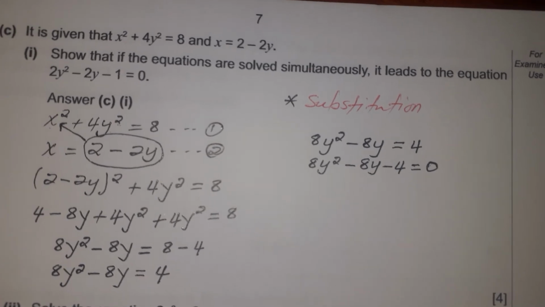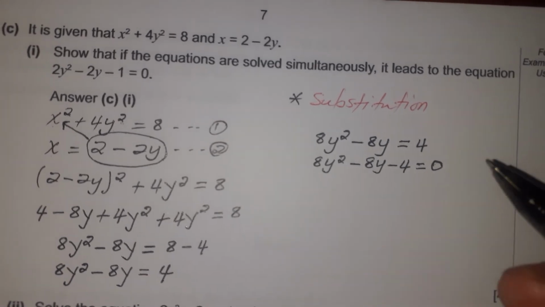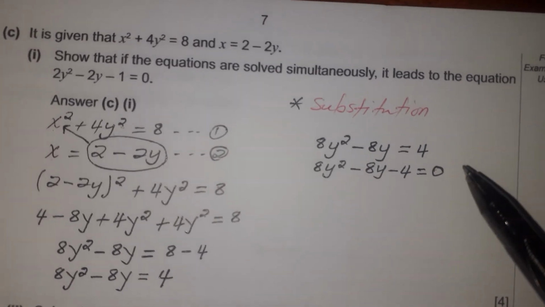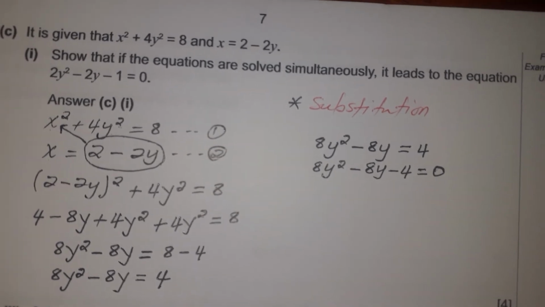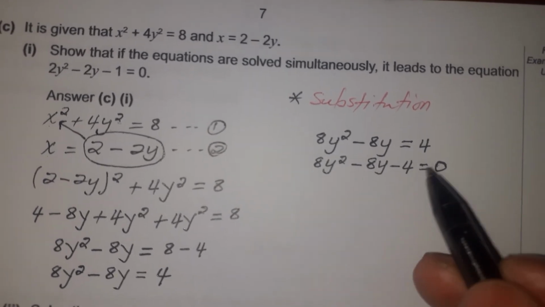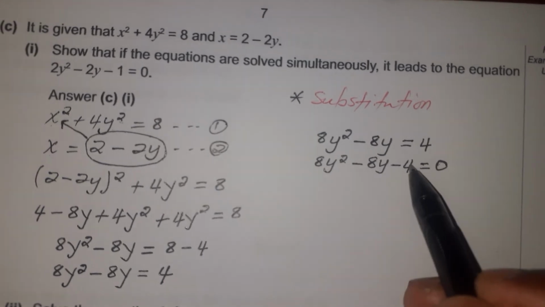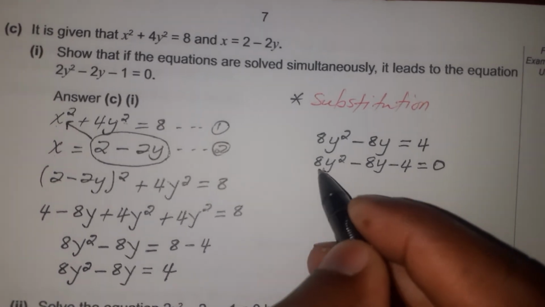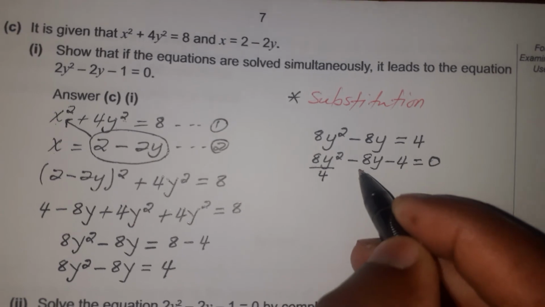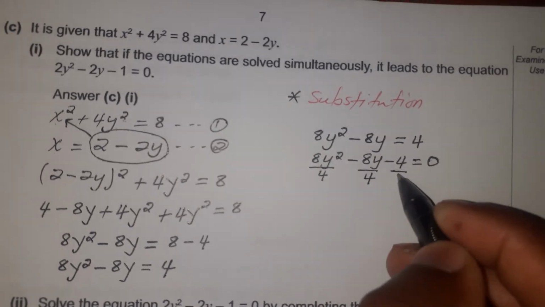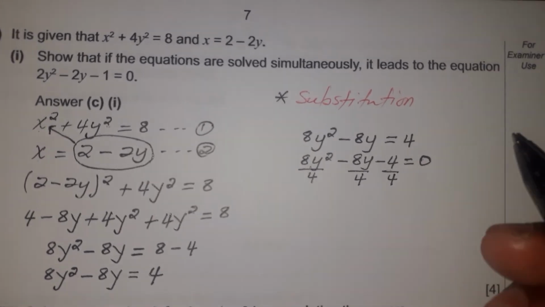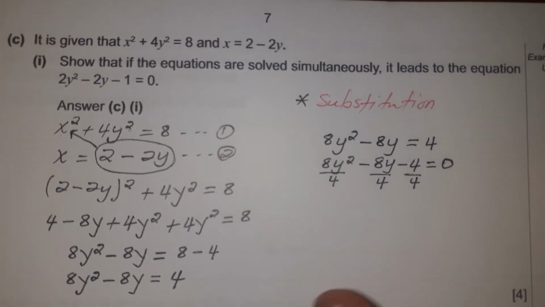Now what we need to do here, we look for the lowest number. In this case we have 8, 8 and 4. The lowest is 4. Let's divide throughout by 4. You can also go ahead and divide the 0 by 4, you'll still get 0.